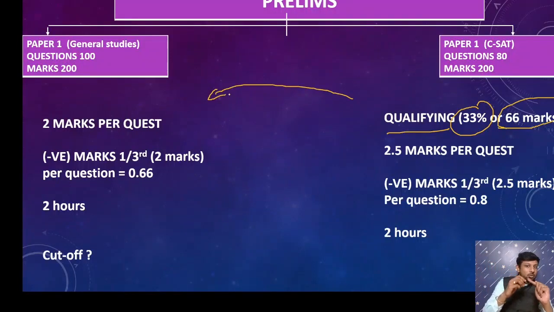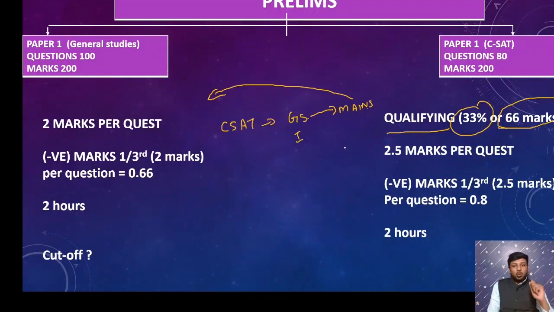Based on the marks you score in General Studies, whether you are going to write the mains or not is decided. And they will evaluate the GS paper only if you qualify in the CSAT paper. I hope you are understanding this. So, CSAT is a key to the GS paper, paper 1, and the GS paper is a key to the mains. Therefore, CSAT is qualifying.